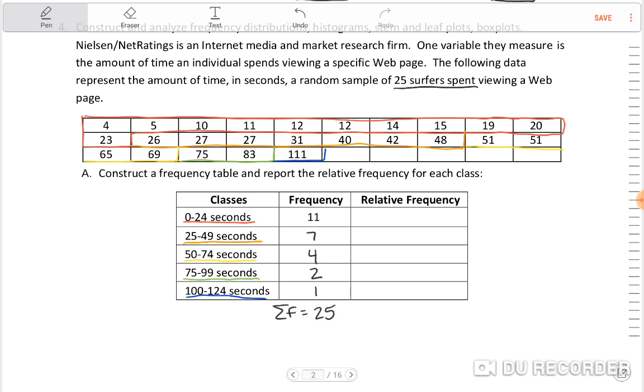To find the relative frequency for each class, the relative frequency is part out of total. So the formula is relative frequency equals the frequency divided by the sum of the frequencies. So 11 divided by 25, I'll put the fraction here, 11 out of 25, which equals 0.44.